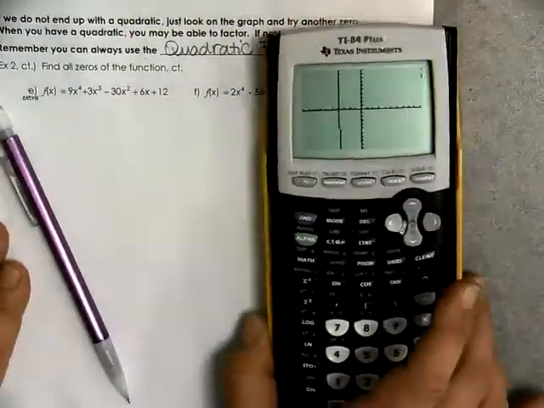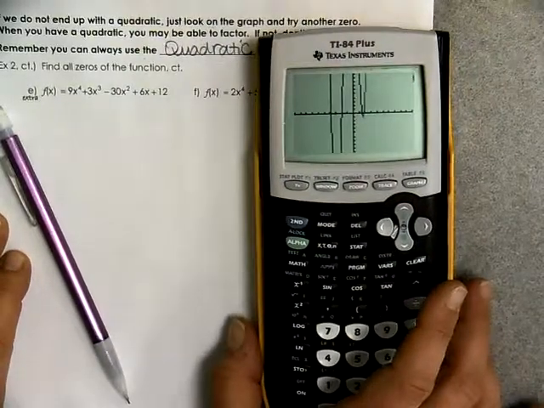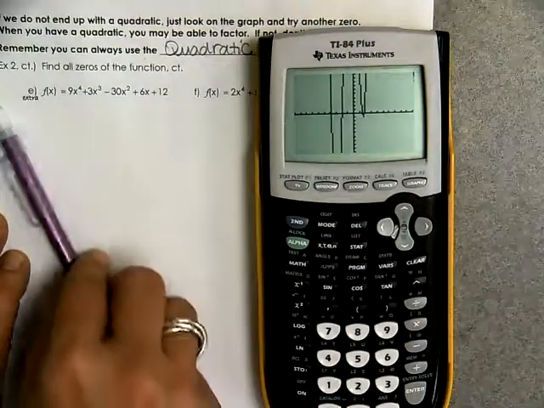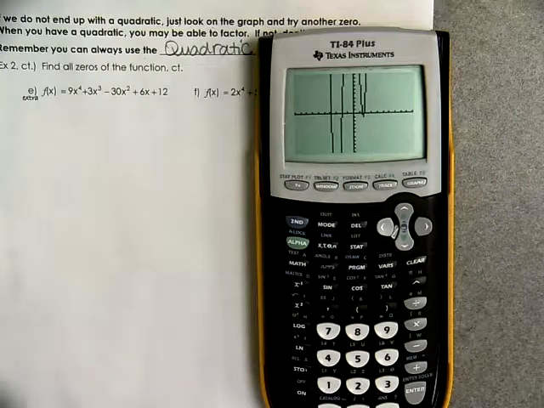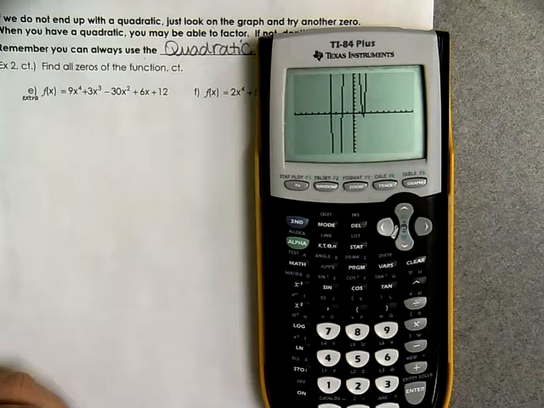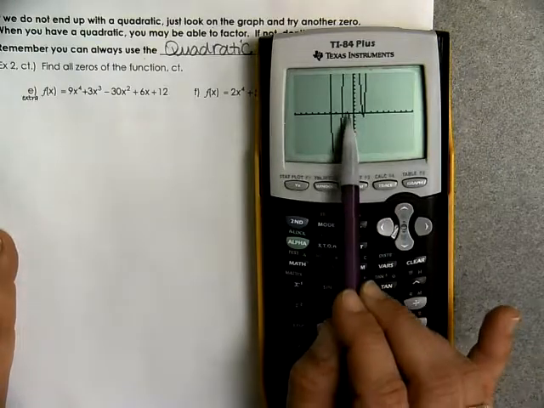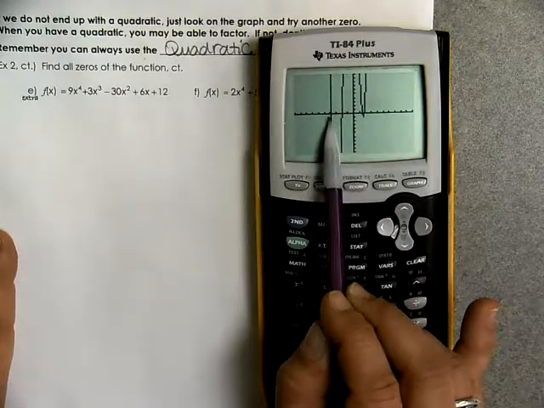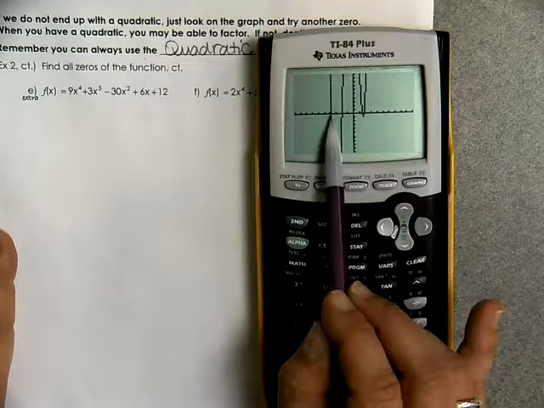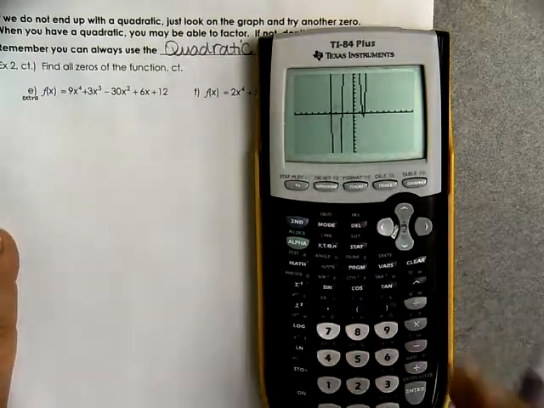And technically, if you zoom 6 once, you don't have to do it every time. So let's take a look and see what we might find. Notice it looks like there might be a 0 at -4.